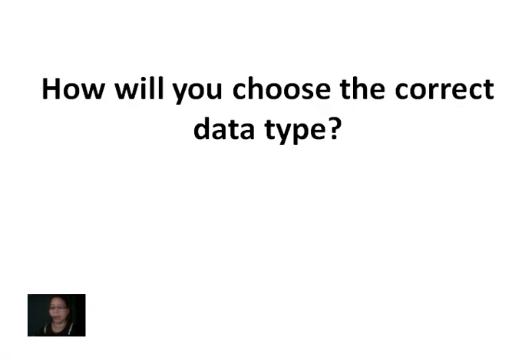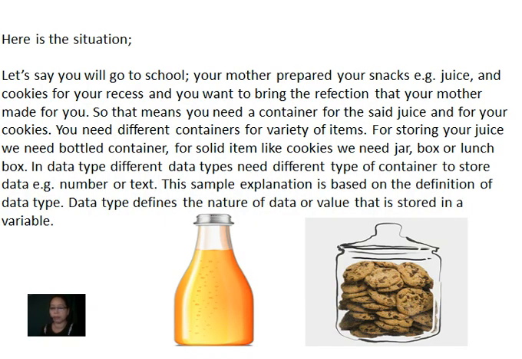Here's the situation. Let's say you will go to school. Your mother prepared your snacks, example, juice and cookies for your recess. So that means you need a container for the said juice and for your cookies.